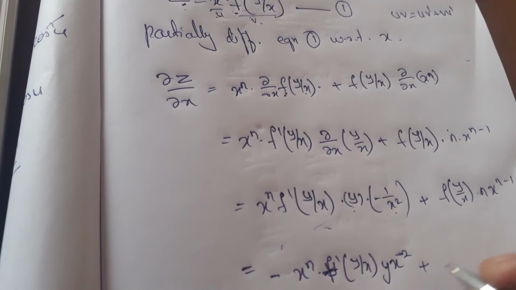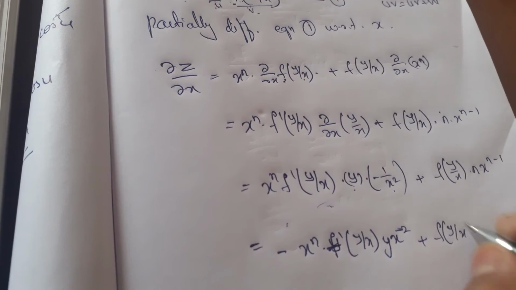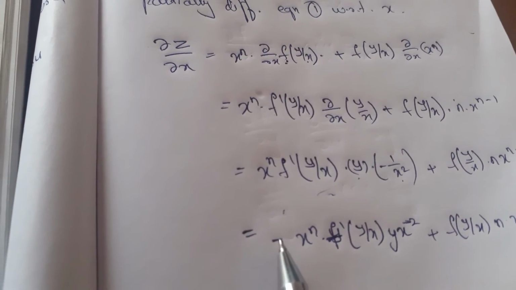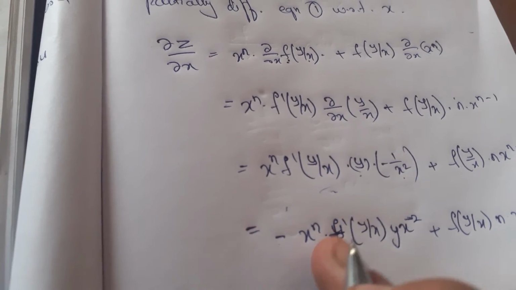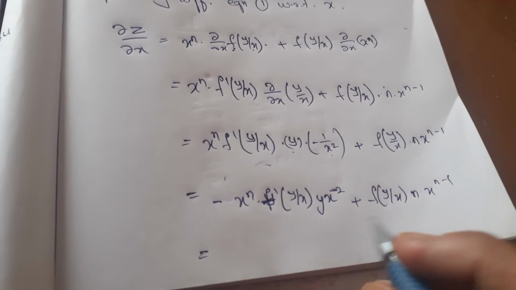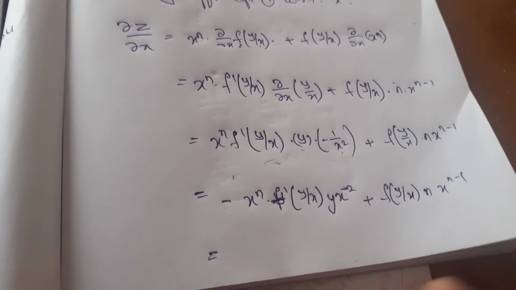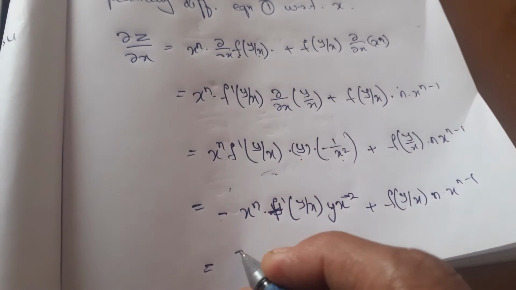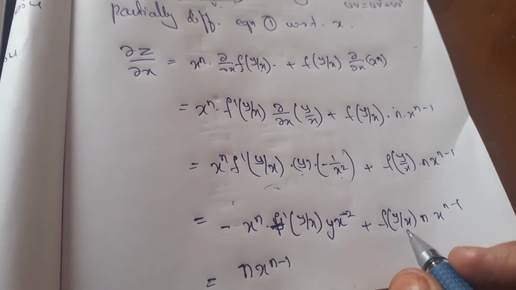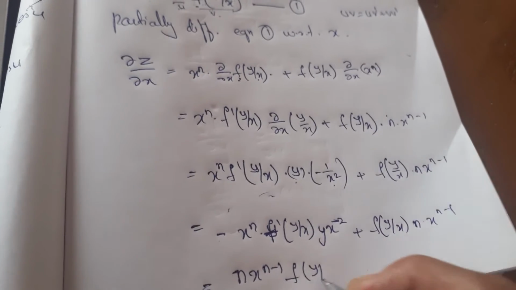Okay, and this term we are keeping as it is, because this function is negative. Next, I am writing this term. So it becomes n x power n minus 1, because it is positive, f of y by x.